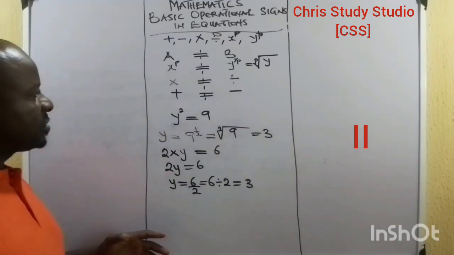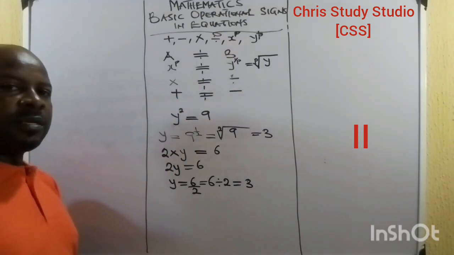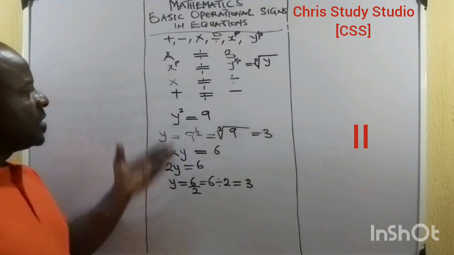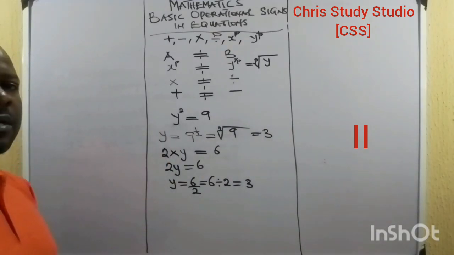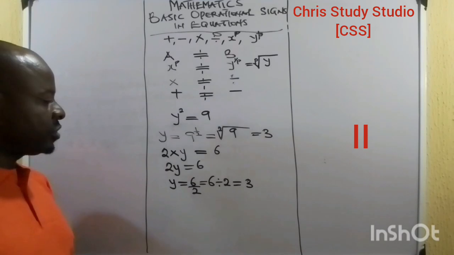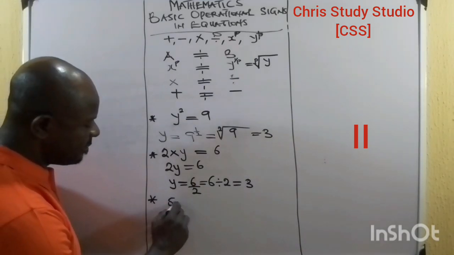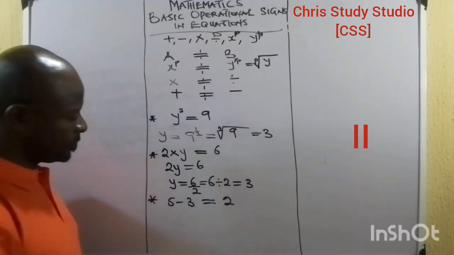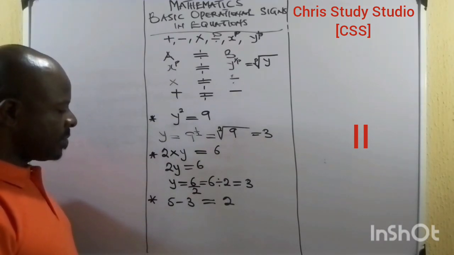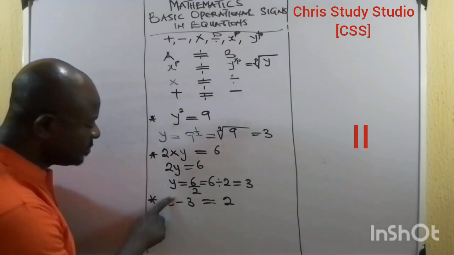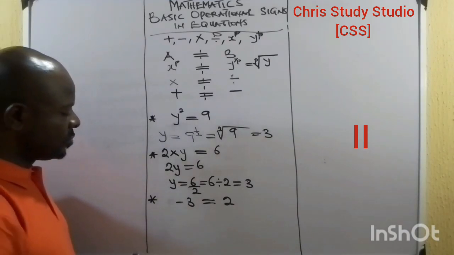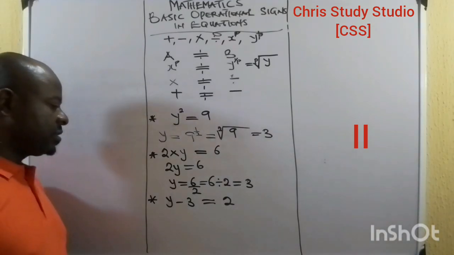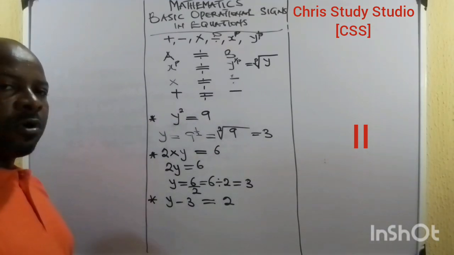So this shows us the illustration to explain this. Let's take plus and minus, addition and subtraction. If we have 5 minus 3, we know the answer is 2. So let us now assume that we do not know this, that this is y. So the question is, solve for y.